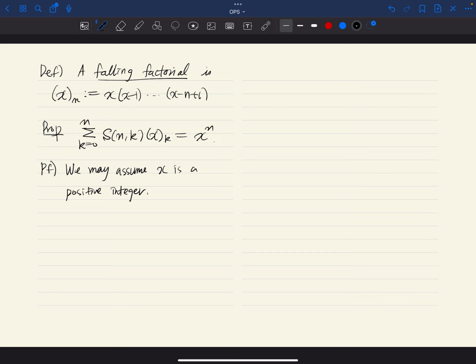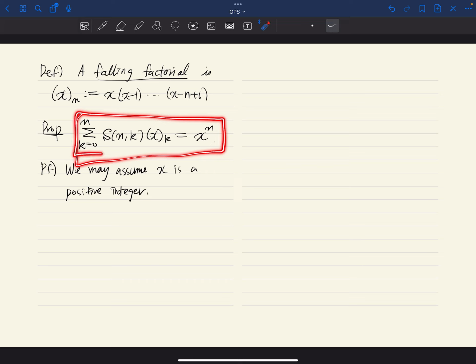Is that enough, do you think? If I prove this for an arbitrary positive integer x, then we will know that this is true for all positive integers x.